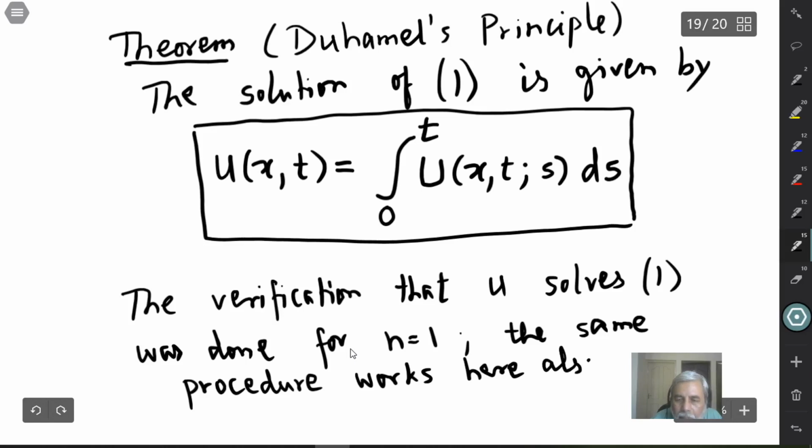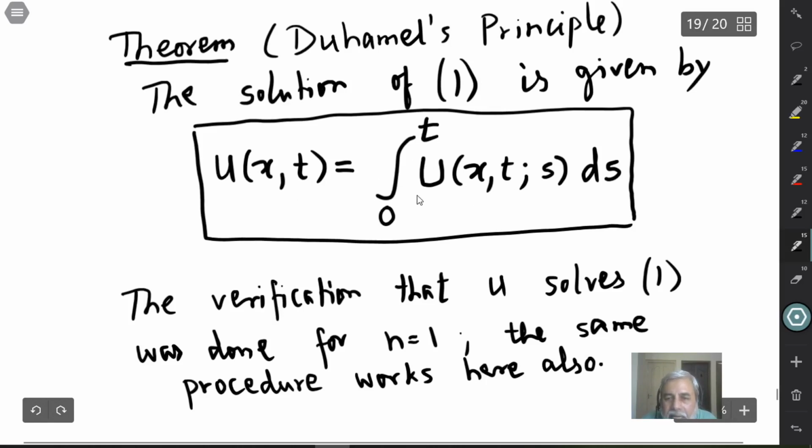When you are differentiating with respect to t, we have to exercise a little caution because t is also in the integral limit and also in the integrand.